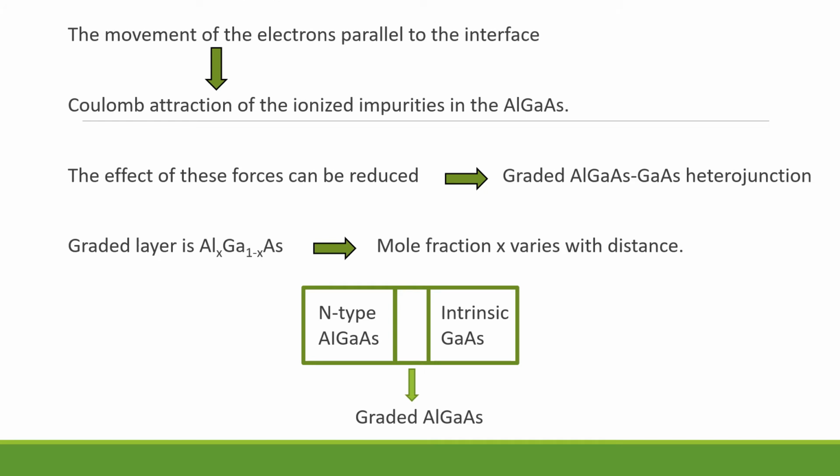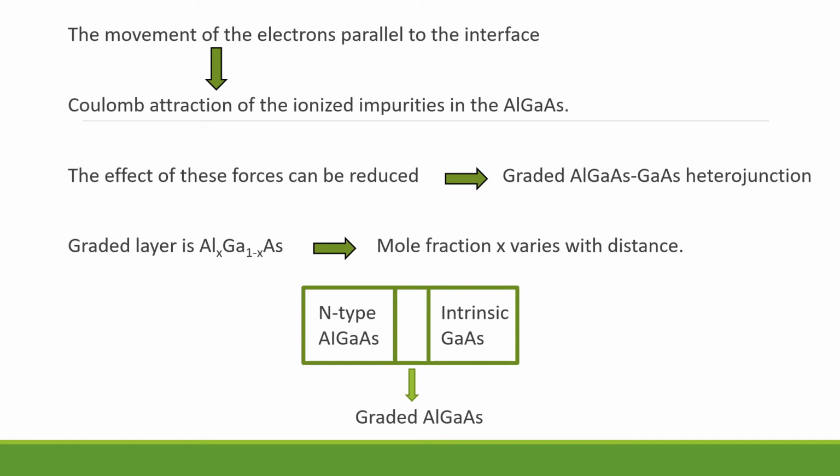The movement of electrons parallel to the interface will be influenced by the Coulomb attraction of the ionized impurities in the aluminum gallium arsenide. The effect of these forces can be further reduced by using a graded aluminum gallium arsenide heterojunction. The graded layer is AlxGa1-xAs, in which the mole fraction x varies with distance.